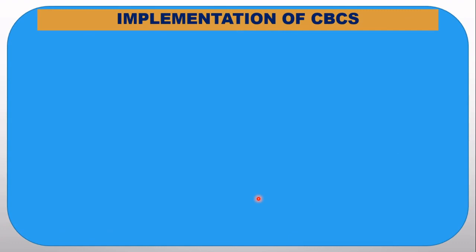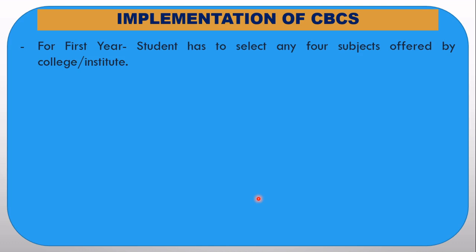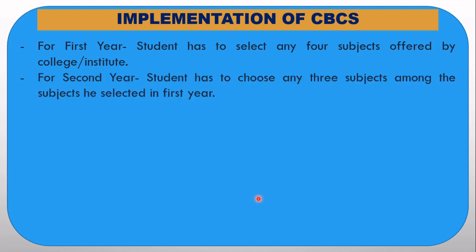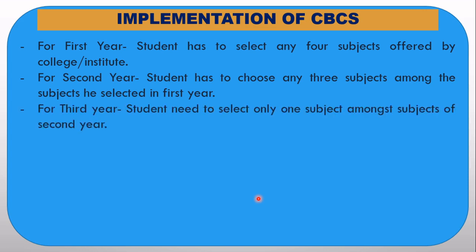Now we will see exactly what this CBCS pattern is. For first year, a student has to select any 4 subjects offered by the college or institute. For second year, a student has to choose any 3 subjects among the subjects he selected in first year. For third year, the student needs to select only 1 subject amongst the subjects of second year.